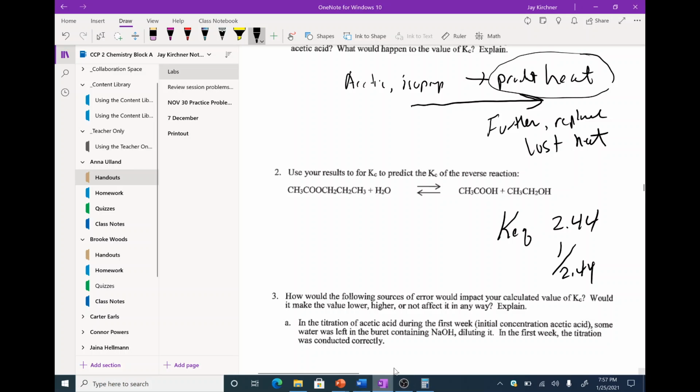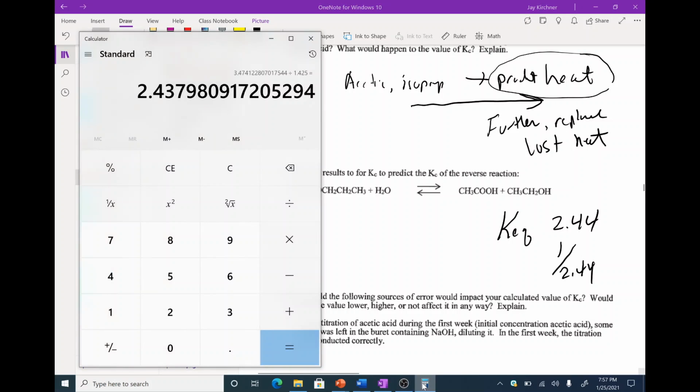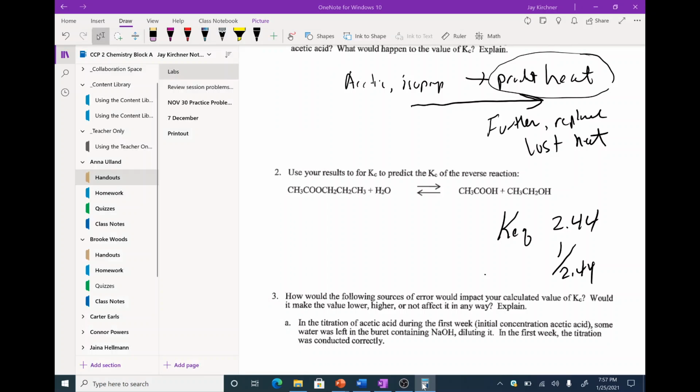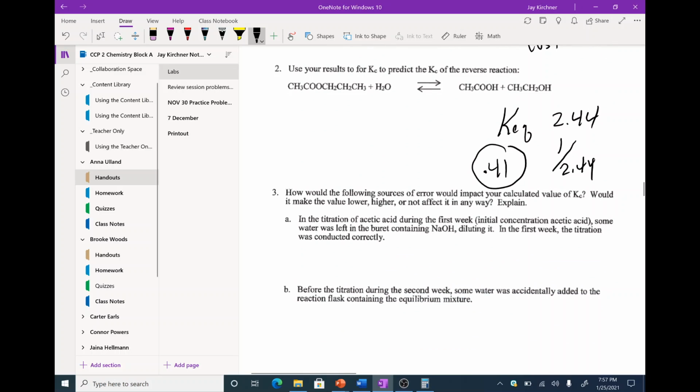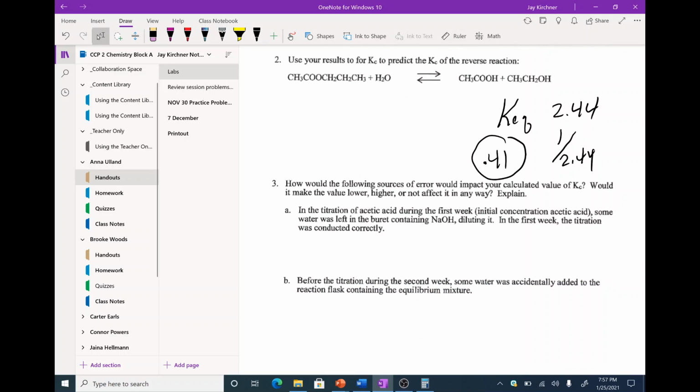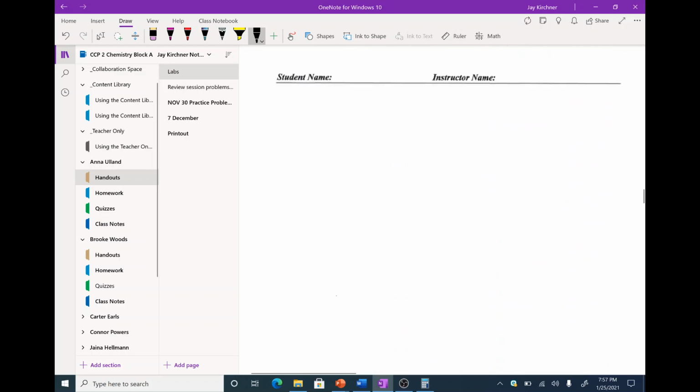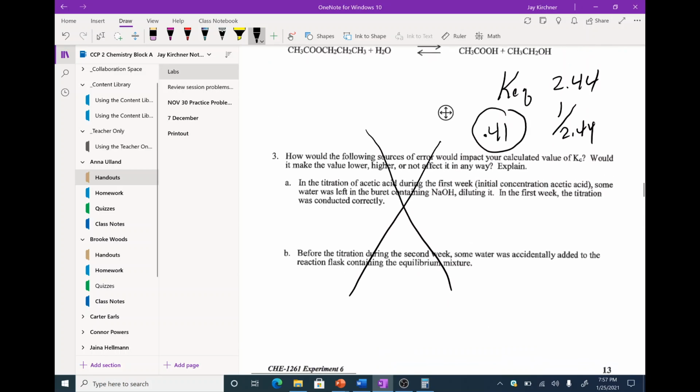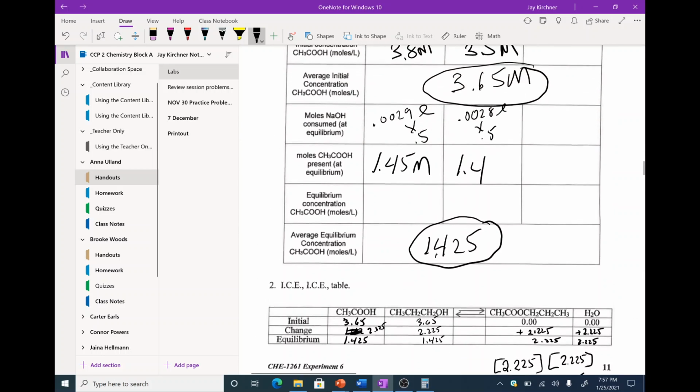So what is that? 0.4, let's call it 0.41. Okay. And since we're not intimately familiar with what we did since it's been so long, let's skip that one. And that will be it for lab number 5.